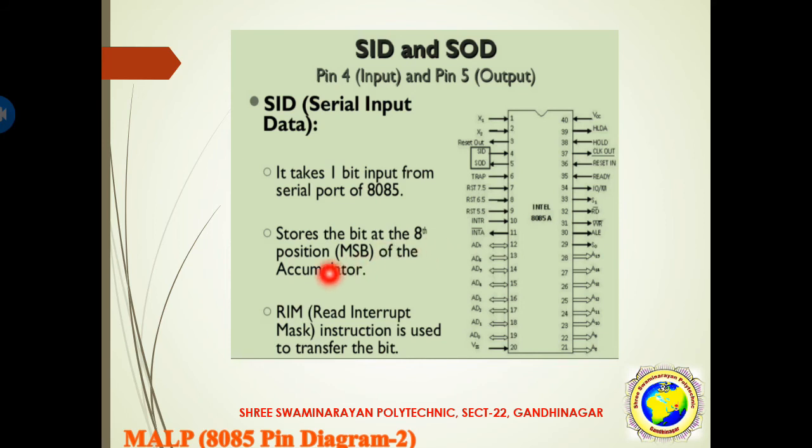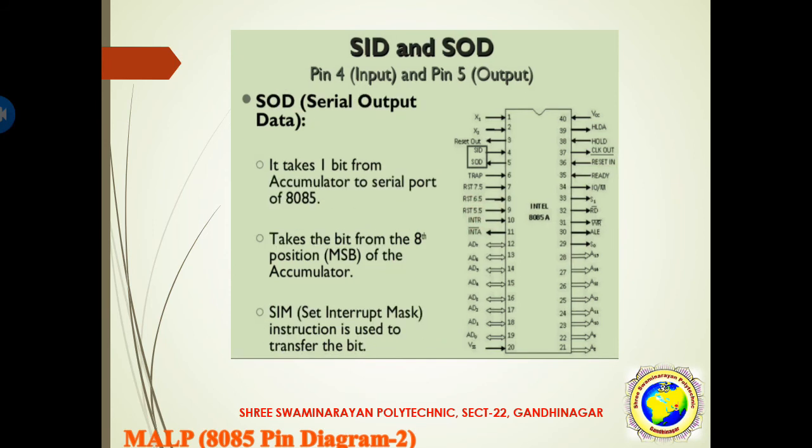We will discuss the accumulator in architecture, but you have to remember it takes the bit from the serial port of 8085. And SOD takes 1 bit from the accumulator to the serial port of 8085. So SOD goes from accumulator to serial port, and SID is from serial port to accumulator. It takes the bit from the 8th position, the MSB, in the same way.